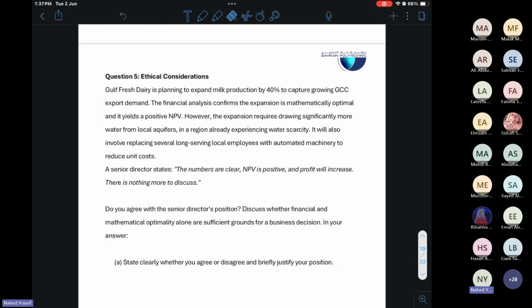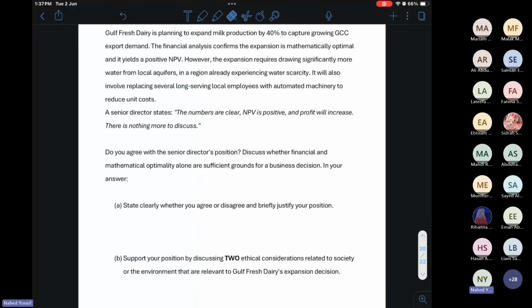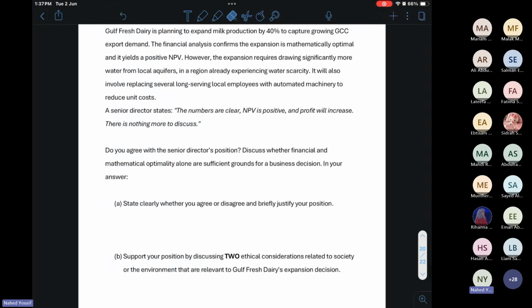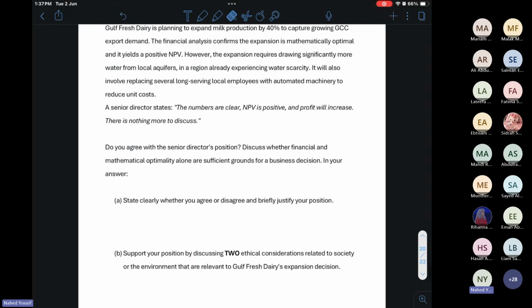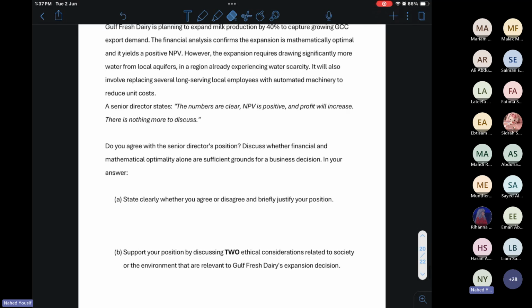So we have to discuss how to write it. Do you agree with the senior director's position? Discuss whether the financial and mathematical optimum alone is sufficient to warrant a business decision.